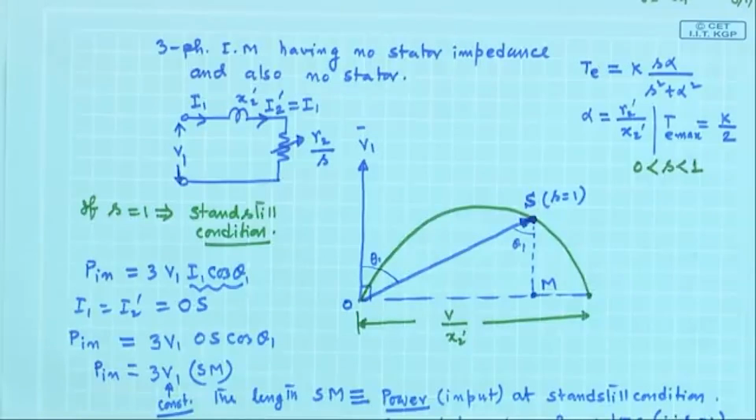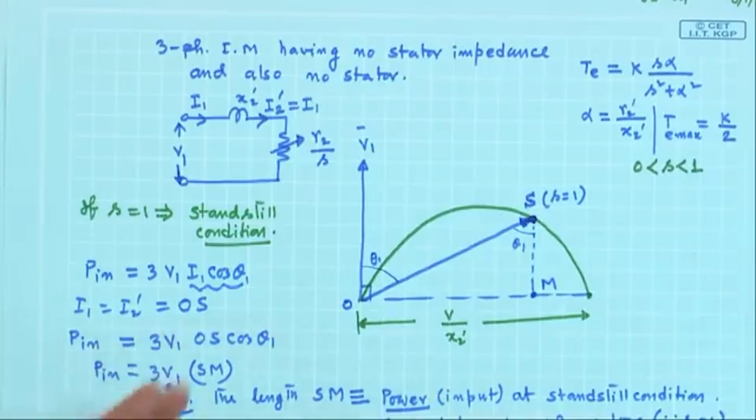How much is the torque produced? Torque developed in an induction motor is nothing but air gap power divided by 2 pi ns, ns is constant. Therefore, Sm also represents, since it is air gap power, and on some other scale will represent torque developed, or torque in synchronous watt, is it not?